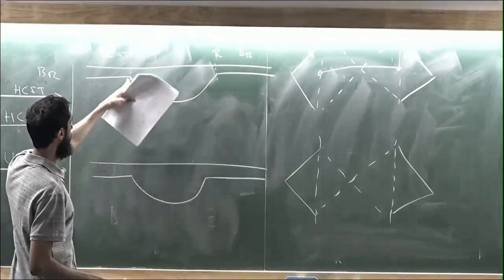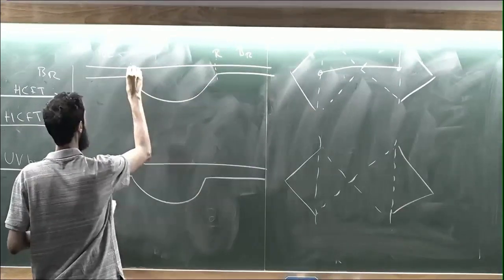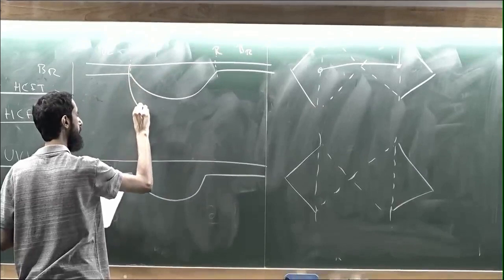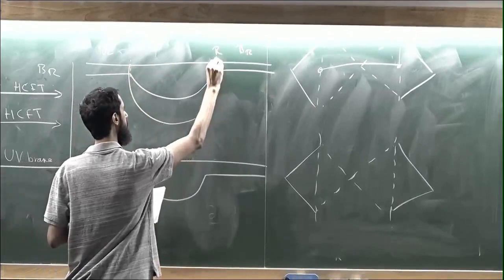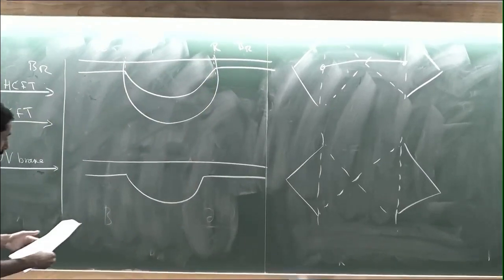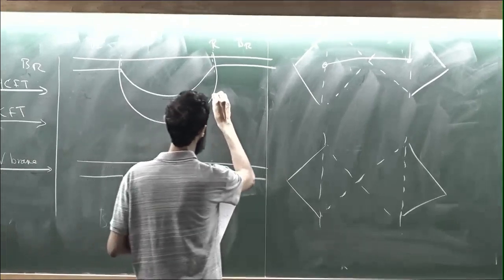Say we want to compute the entropy of the union of LR. The statement is that the correct RT surface is the following one. Okay, it's supposed to be a semicircle.